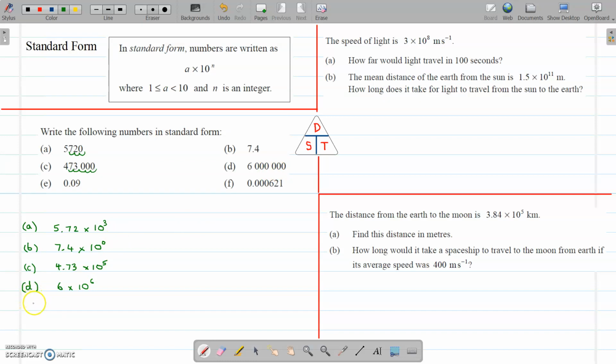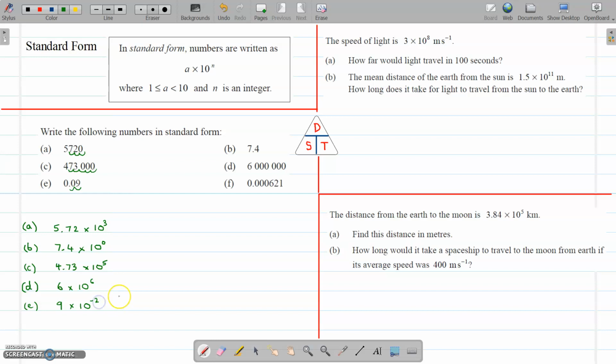Now E is going to be a negative power of 10 because the number is having to get 100 times smaller than 9. So 9 would be our base number because it's between 1 and 10, but the point had to move 2 places this way. So it's 9 times 10 to the power negative 2.